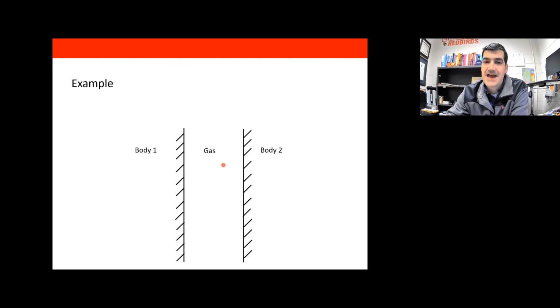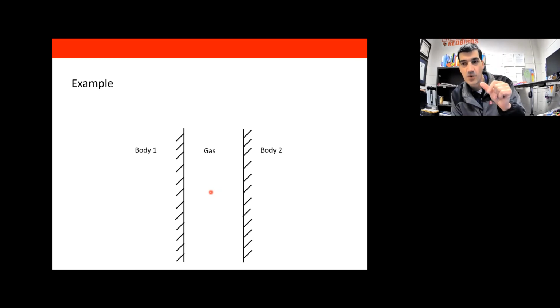Or if this gap is large enough, then you would have radiation heat transfer from here to here in parallel with natural convection as the molecules of the gas flow around. So my best guess is you're going to have either a combination of radiation and conduction in parallel, or a combination of radiation and convection in parallel.